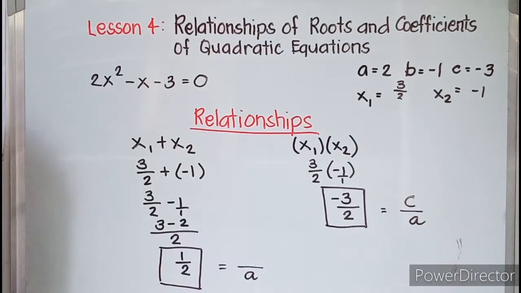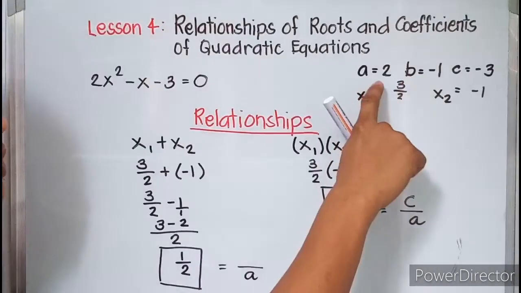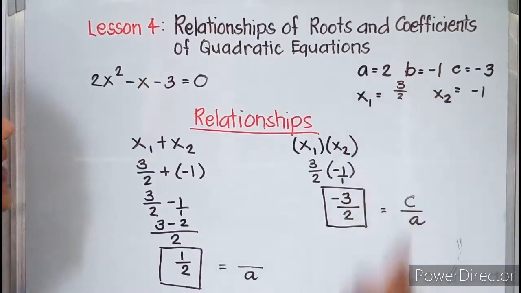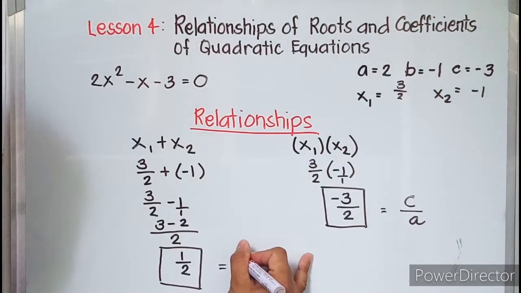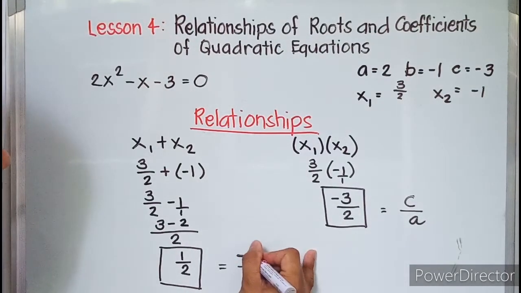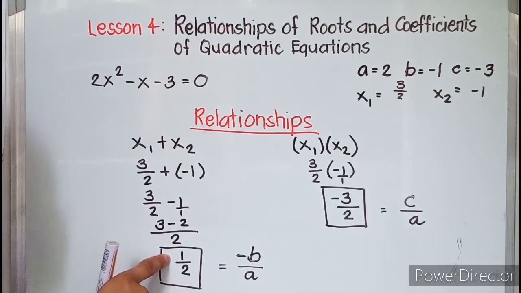Then, dito naman ay 1. Pero, si coefficient B ay negative 1. So, meaning, lalagyan natin ng negative si B para mag-equal kay numerator.